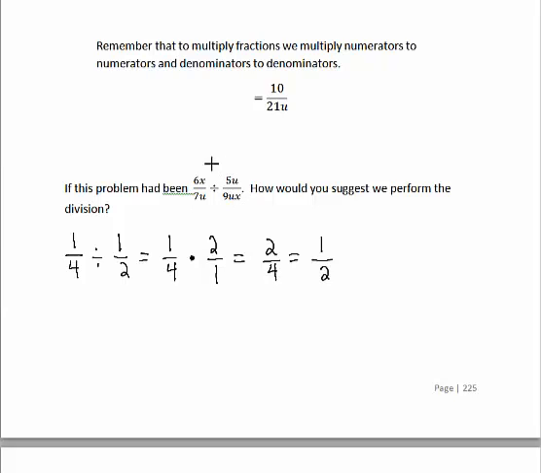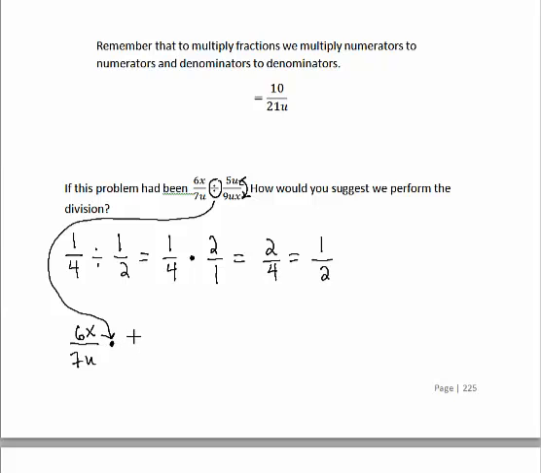So likewise, if we have fractions with variables, we do the same thing. 6x over 7u, the first fraction stays the same. We kept the 1/4, but then we switch division to multiplication, and we flip the second fraction in the same step.